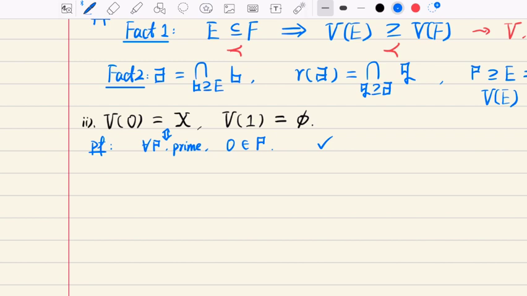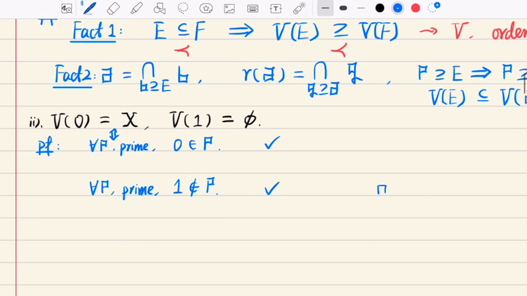And for the second one, we need to see, for any prime ideal, one, the identity element, is not an element of P. This one is also trivial. Otherwise, P is not a prime ideal, P is the ring A itself. So it is done.